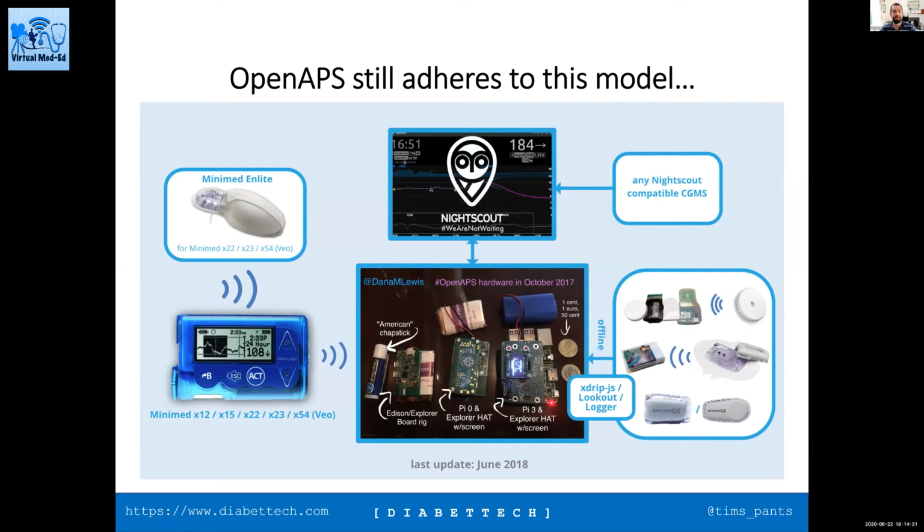OpenAPS is able to take data from a number of different sources, so it can use the Libre with one of the adapters, so MiaoMiao or Bluecon or Bubble. It uses Dexcom G5 and Dexcom G6 directly to the board and directly to the device itself, and it communicates with Medtronic pumps only.